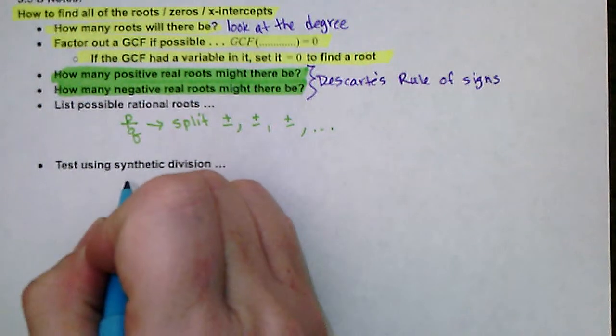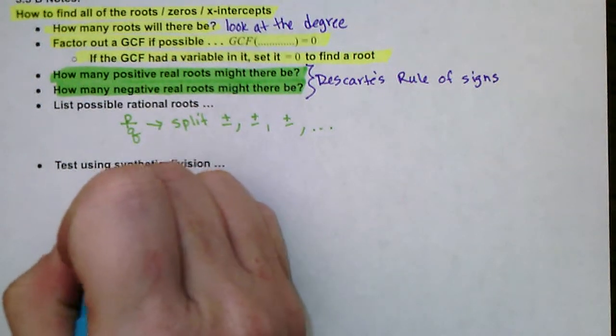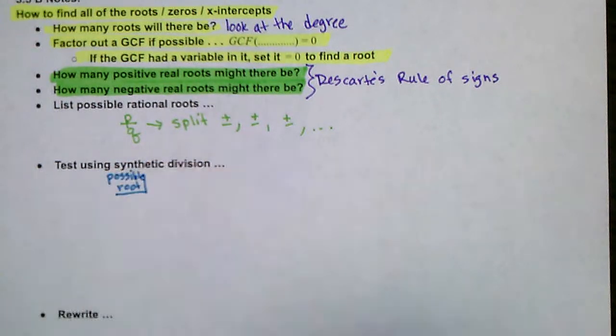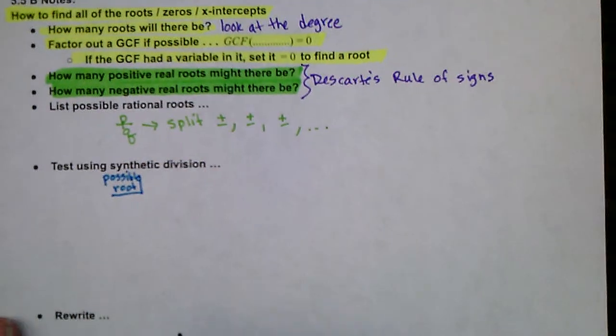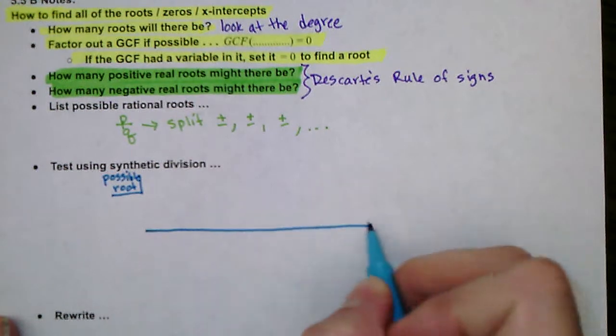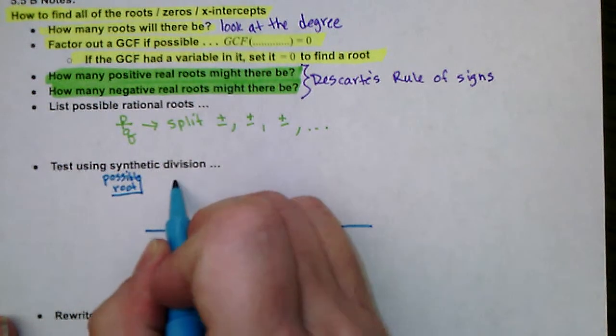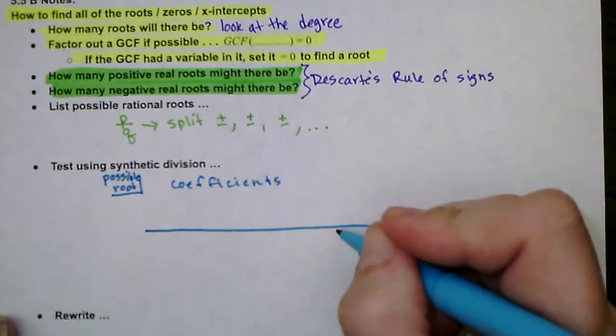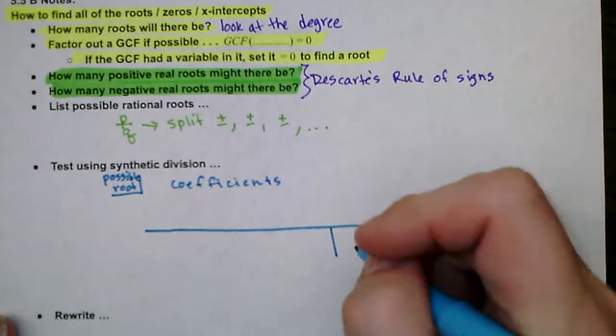So what we'll do there is we will put our possible root in the box for synthetic division, and then we list our row of coefficients, and we go through the process of synthetic division.